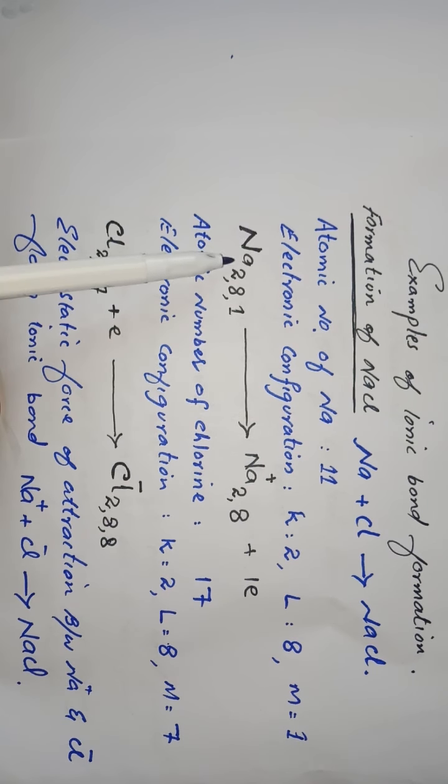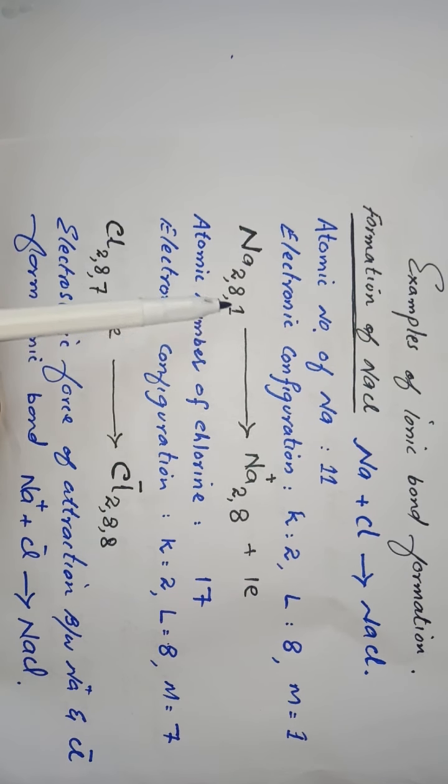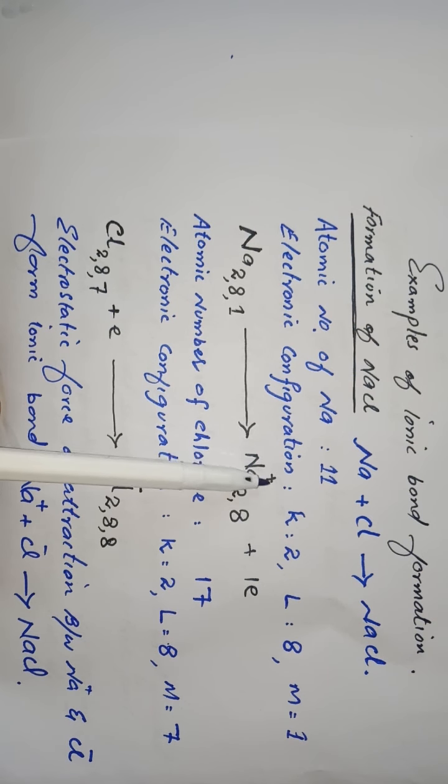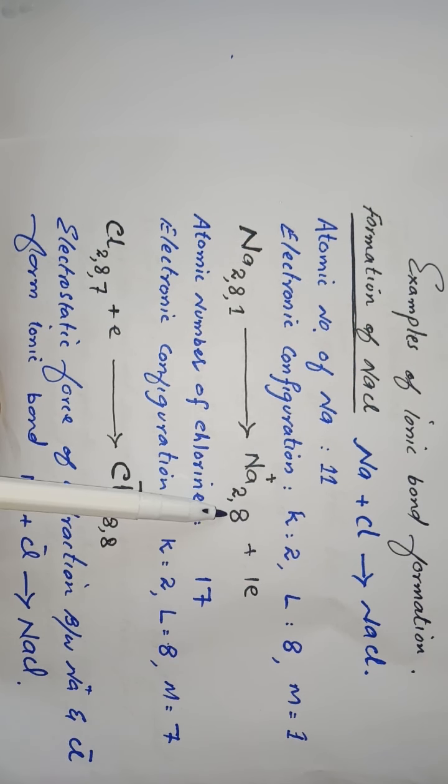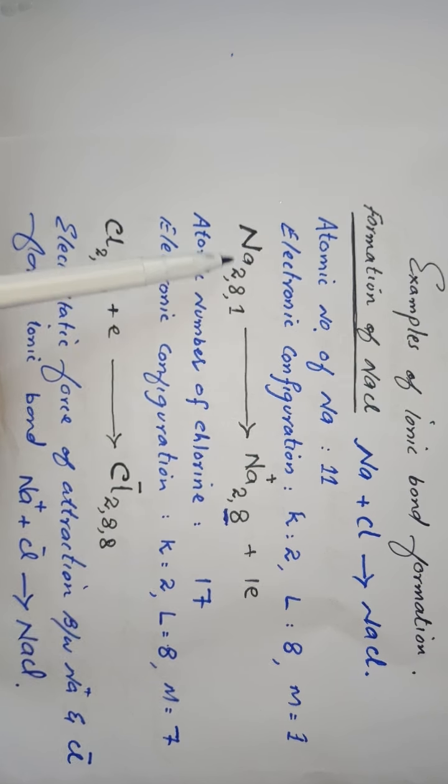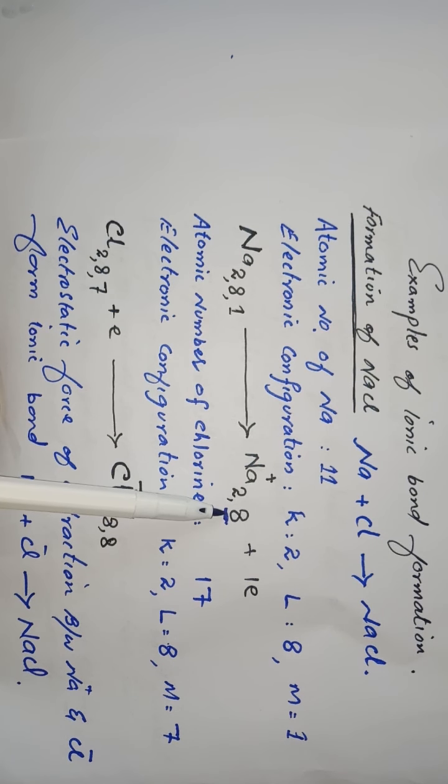So it is easy for sodium to lose 1 electron rather than to gain 7 electrons to complete its octet. Therefore, sodium loses its only electron in the valence shell, and it will form a sodium ion. After losing the electron, the valence shell now contains 8 electrons. So it means that after losing the electron, sodium gets noble gas valence shell electronic configuration.